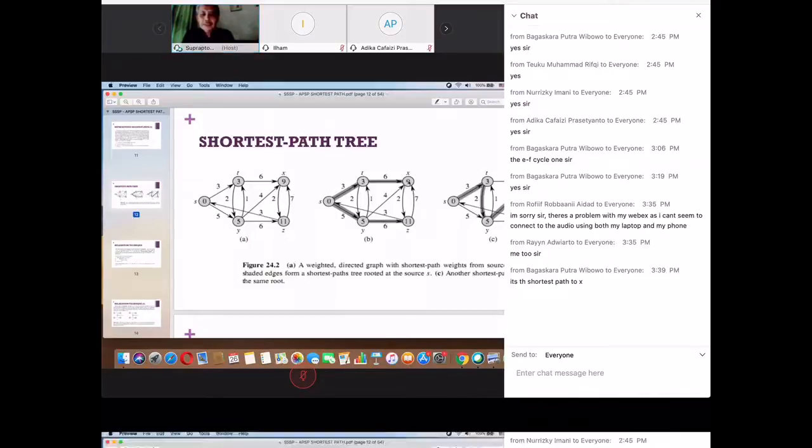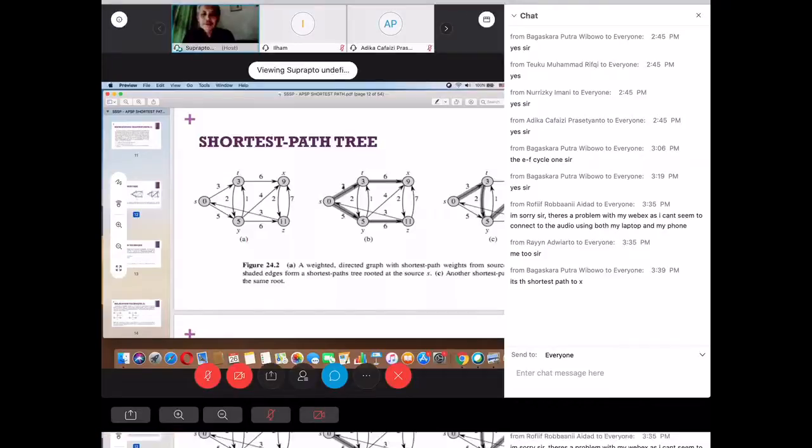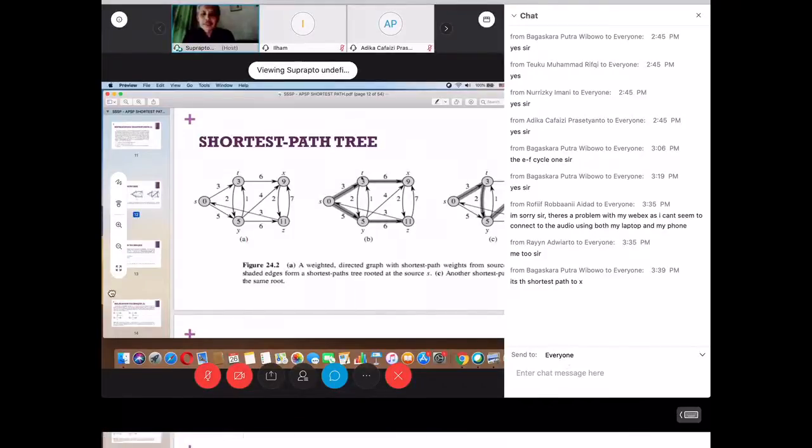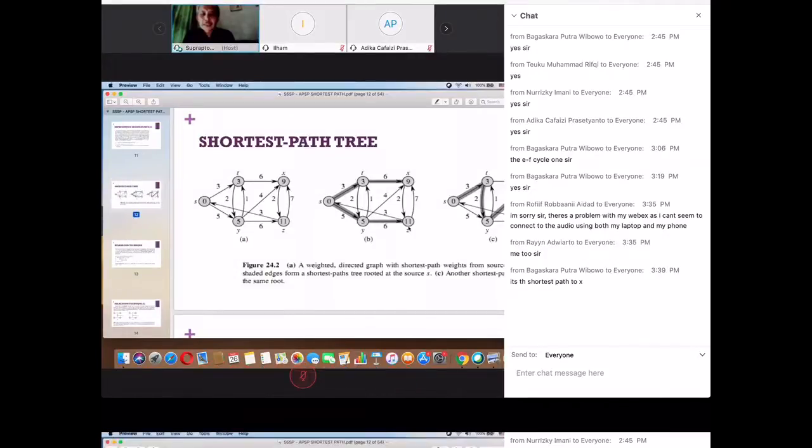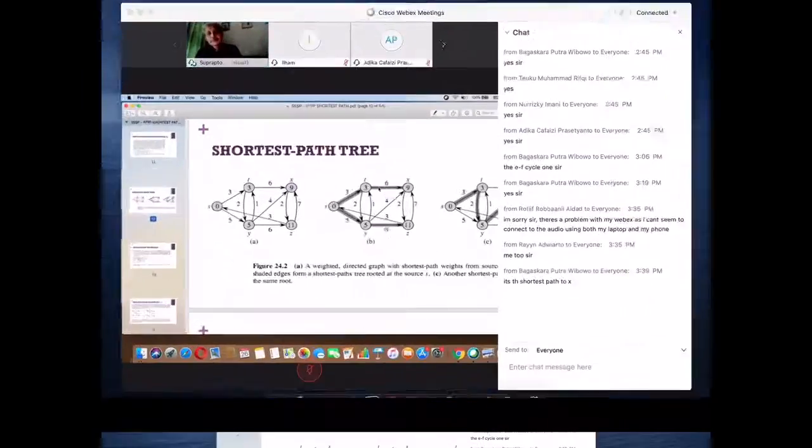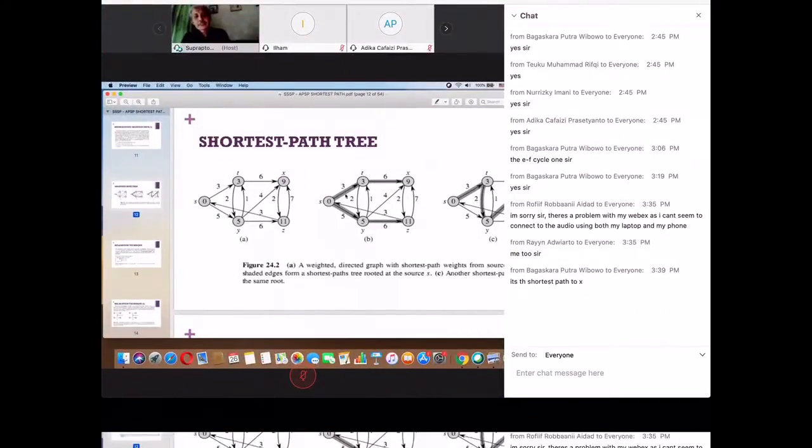The shortest path, the weight of the shortest path, right? From S to A, from S to T, from S to Y, from S to Z. The weight of the shortest path is a summation of the weight of each edge.